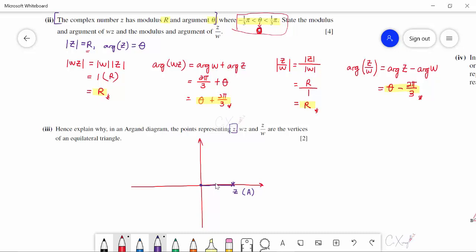Then for the next point, we are going to sketch WZ. For WZ, the modulus is still R, so later when you sketch it, it should be the same length as this one. Now we look at the argument. The argument of WZ is theta plus 2 pi over 3. Because we assume that theta is 0, it will be 0 plus 2 pi over 3, which means the argument for WZ is 2 pi over 3, which is 120 degrees from the positive x-axis.